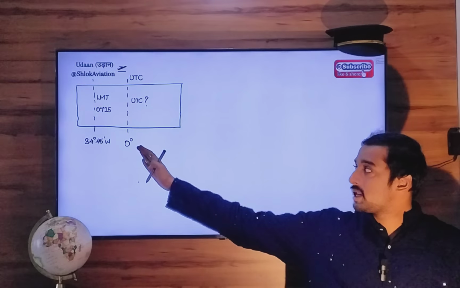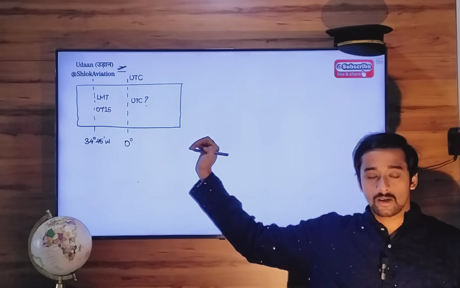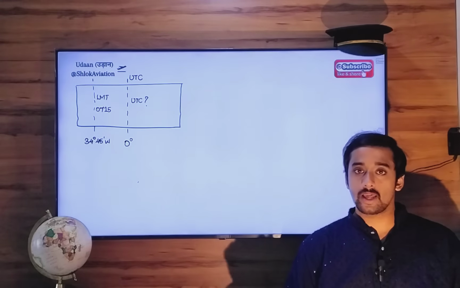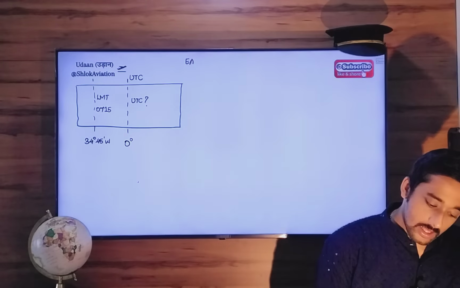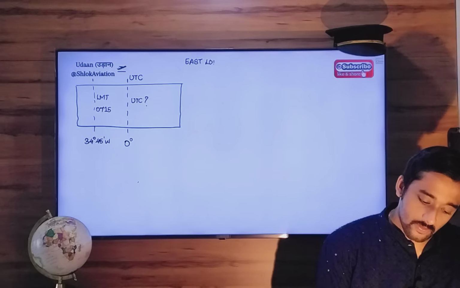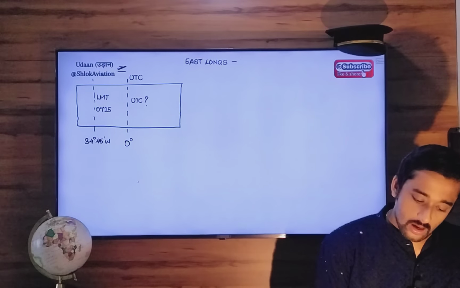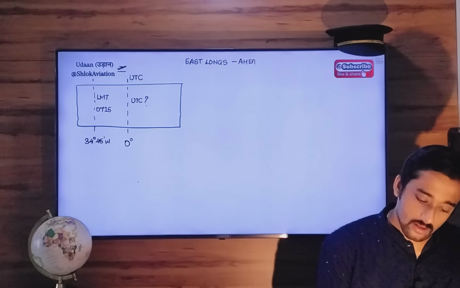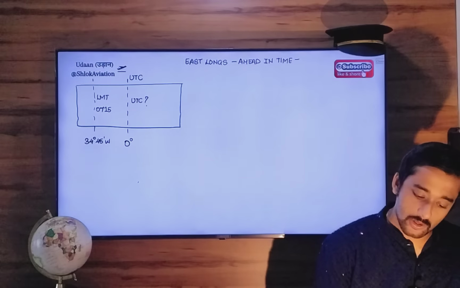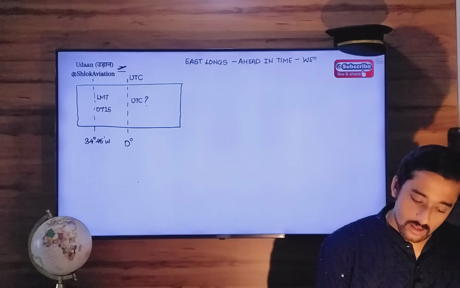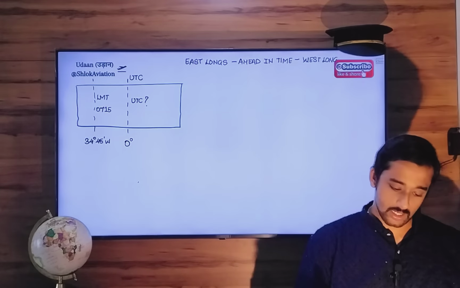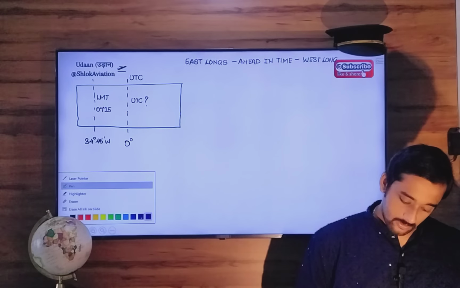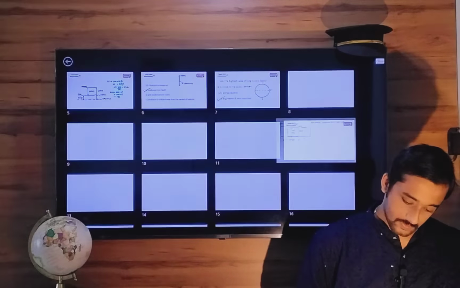Now the 0 degree meridian is to the east of 34 degrees 45 minutes west longitude. And we all know by rule that eastern longitudes run ahead in time compared to their western longitudes, right?